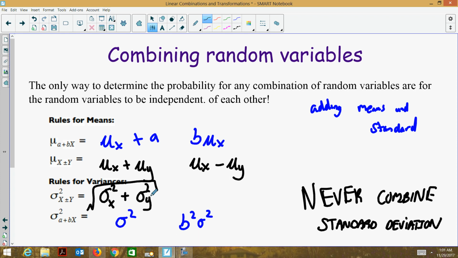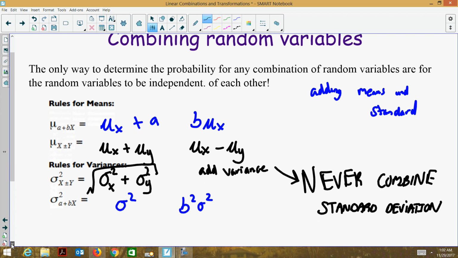You add the variances together, or you square the standard deviations first and then add them together. So add variances, never standard deviations. And then you take the square root of the combined answer, and that is your standard deviation combined. So that's rule number one with standard deviation.